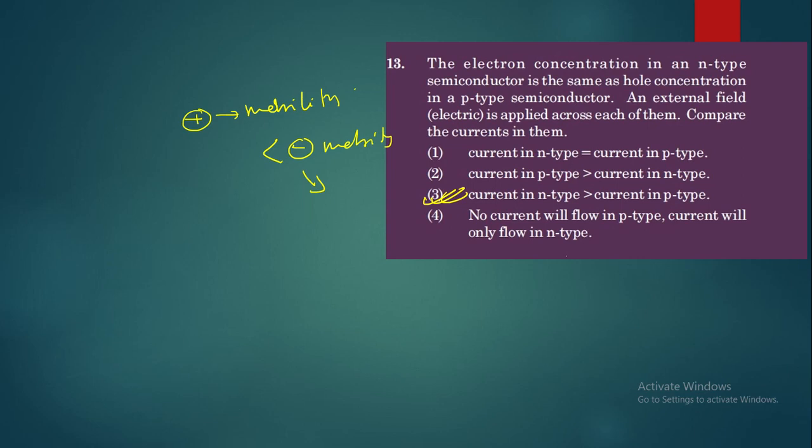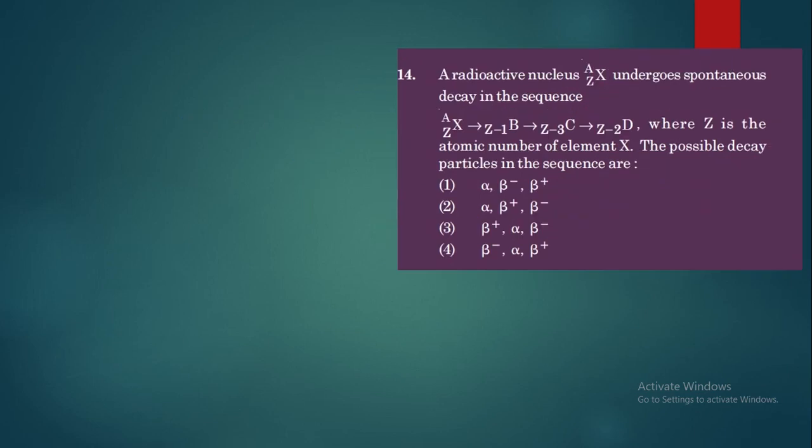Next, let's move on. Okay, so this again belongs to nuclear physics, a balancing reaction, completely inspired from the previous year question. The chain of reaction is given: X to B, B to C, C to D. Let's consider one at a time. First, X to B, and B is given Z minus 1.